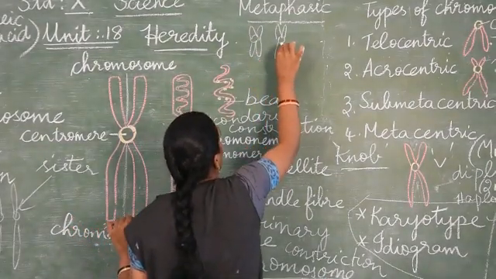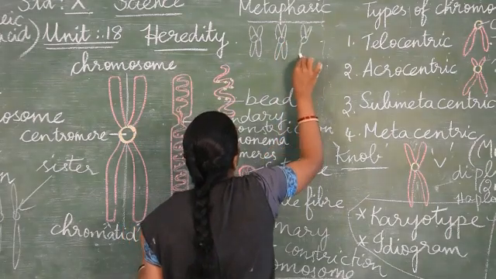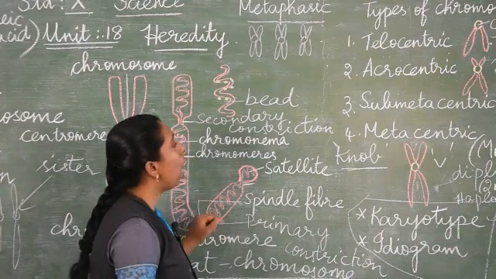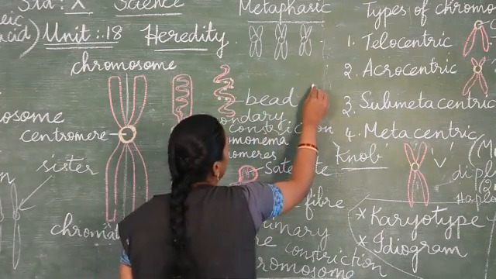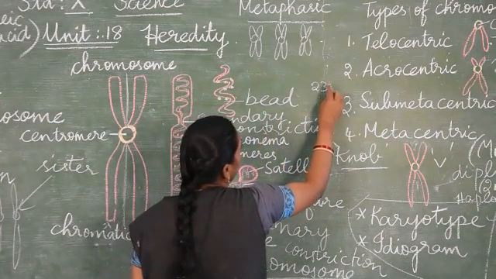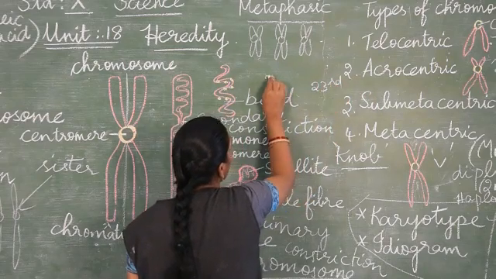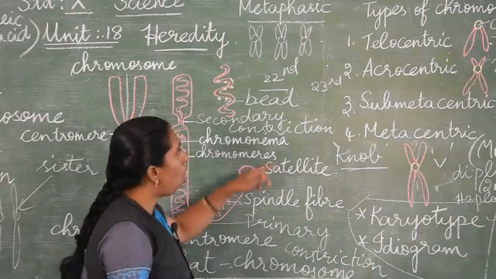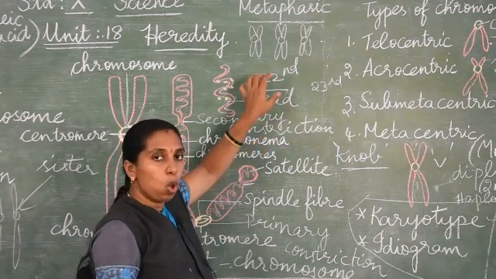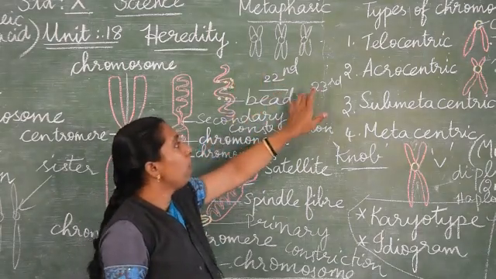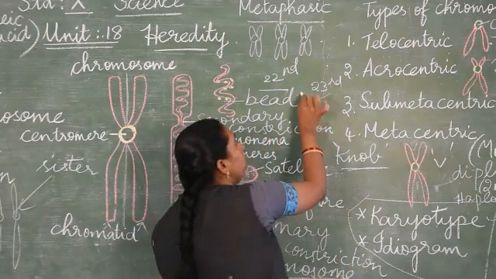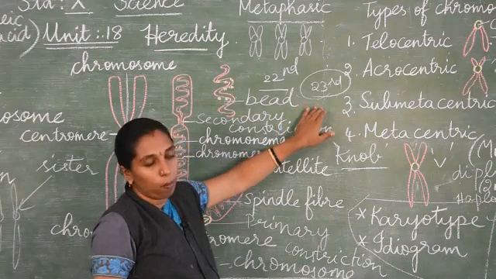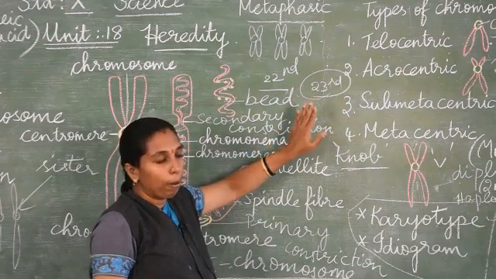This is the first pair, second pair, third pair, like this up to 23 pairs, and the last one will be the 23rd pair, that is the sex chromosomes. Up to the 22nd pair, the body chromosomes, that is autosomes, will be present, and the 23rd alone will be the allosomes.